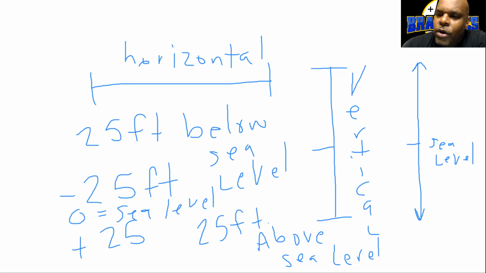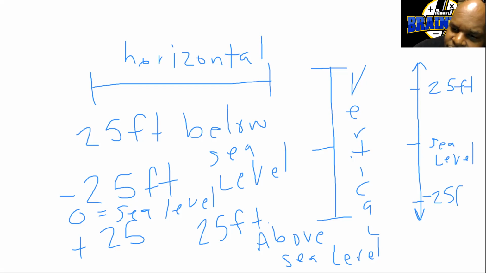And we would go up here. That would be what? 25 feet, representing above sea level. And then down here, we could represent 25 feet negative, which would represent below sea level. Awesome job.